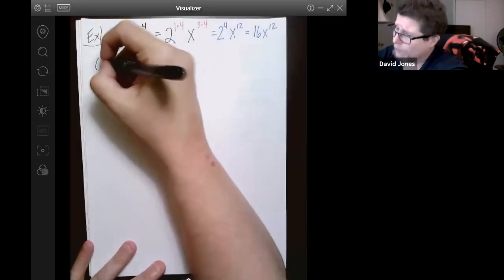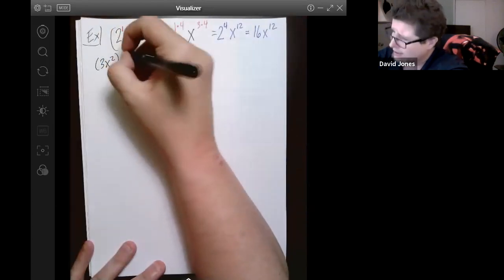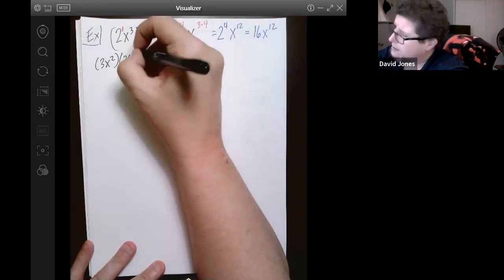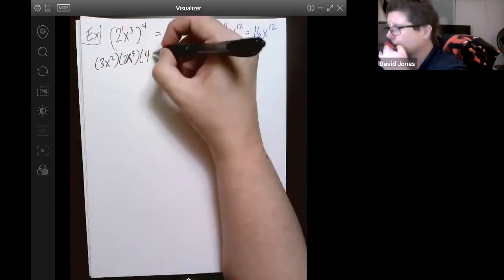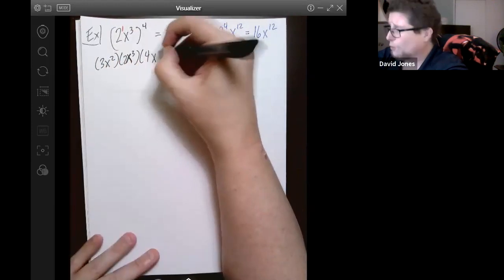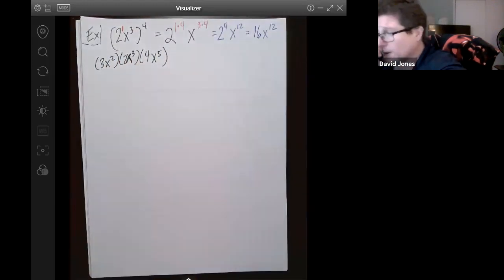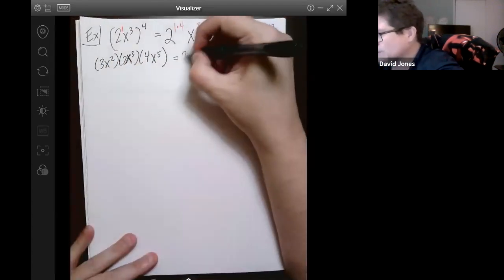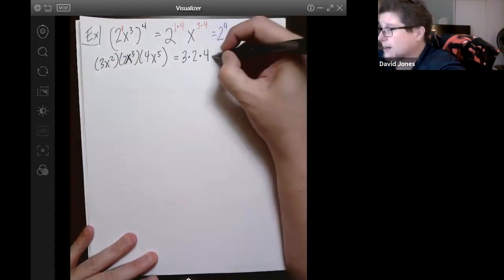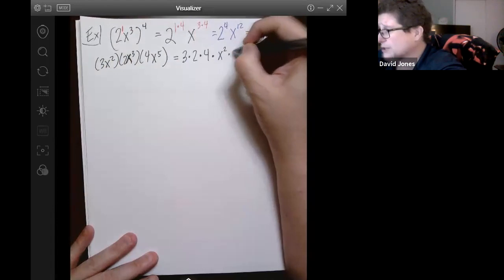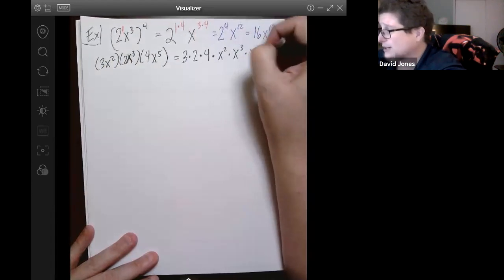If we have several polynomials multiplied together, I've got 3x squared and 2x cubed and 4x to the 5th power. They're all in parentheses and I'm multiplying them. I can rewrite this as we can multiply all the coefficients. I'm rewriting the multiplication like such.